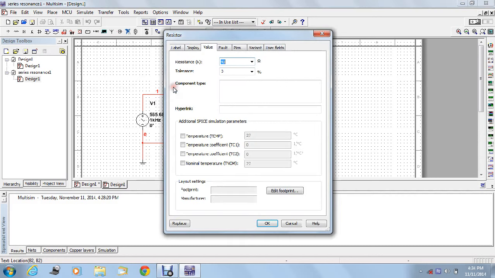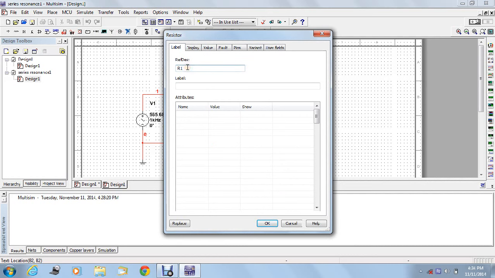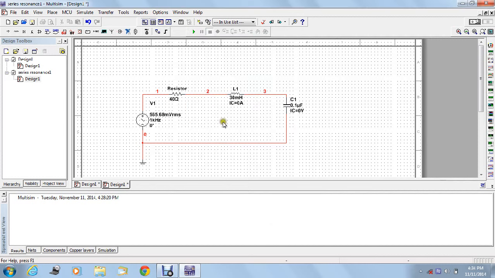If you want to change this name, go to label and resistor. So if you want to give only R, L, C, or for any specific problem you want to change to resistor, inductor, capacitor, both ways are possible in Multisim.